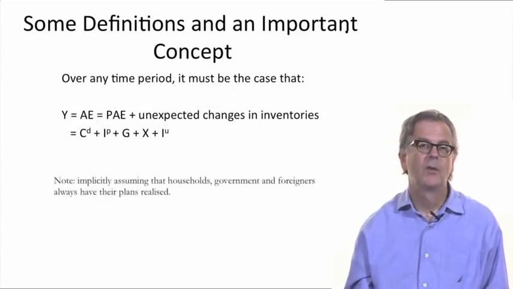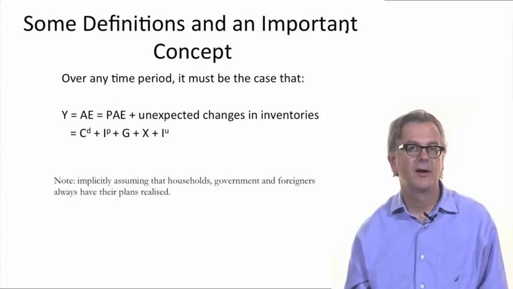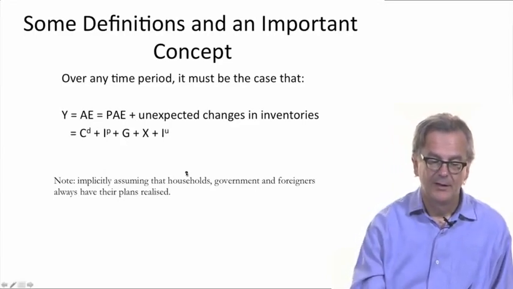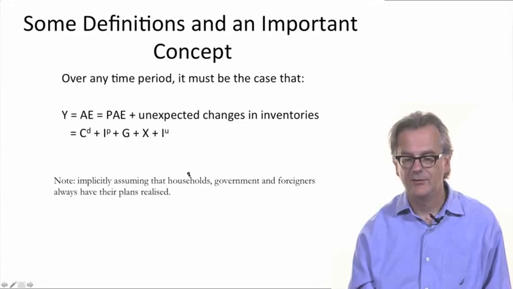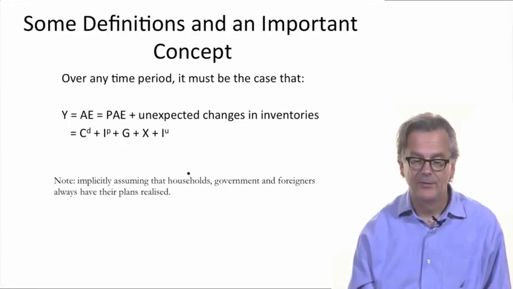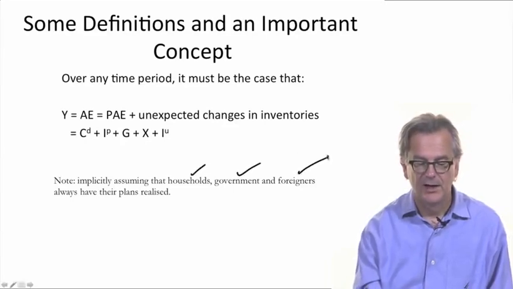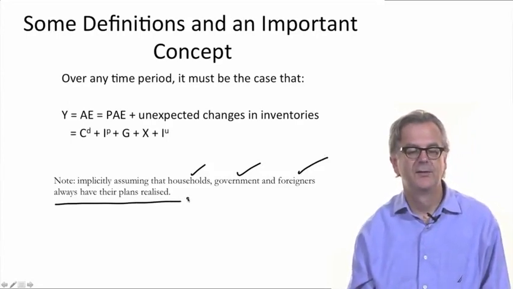Note that what we're assuming here, and this is an assumption we're going to carry throughout all of this analysis, is that this issue of actual expenditure being different from what was planned relates only to firms. We're going to work on the assumption that households, government and foreigners always have their plans realised.